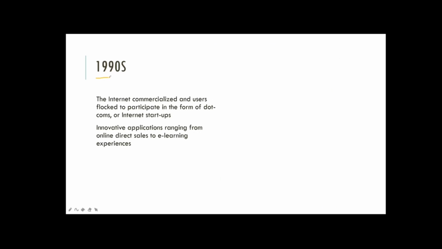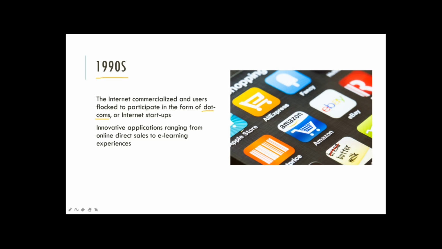In the 1990s, this is when the internet started to boom. Since it was commercialized, users flocked to participate in the form of accessing the .coms, which we now call websites. There are also a lot of innovative applications ranging from online direct sales to e-learning, even e-commerce websites or applications.